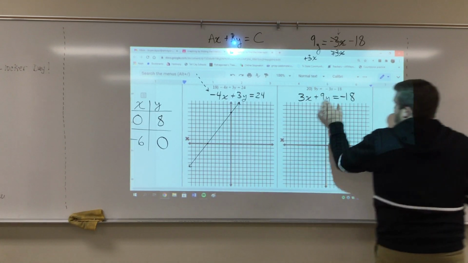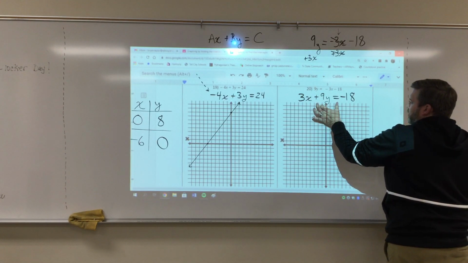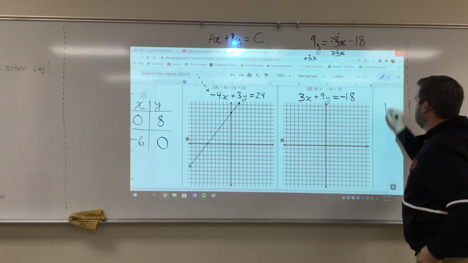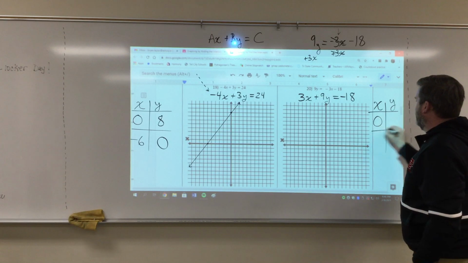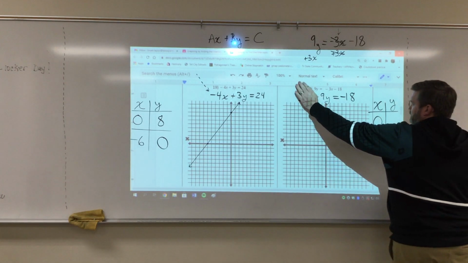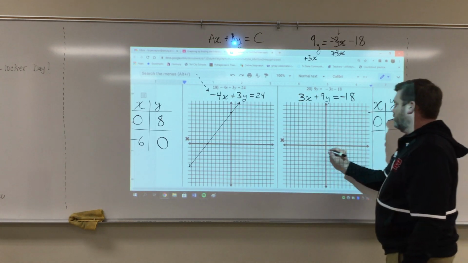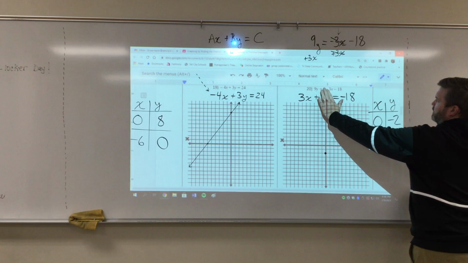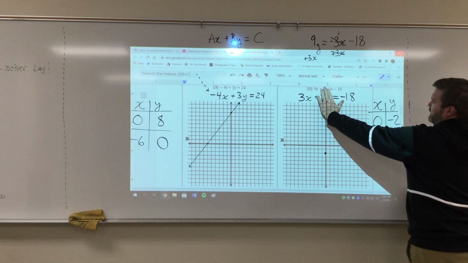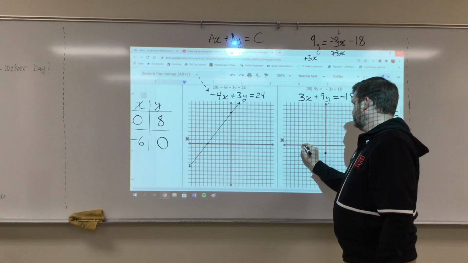So now that's that same equation that we started with, but in standard form, and now I'll be able to graph it very easily by finding the intercepts. So when I let x be 0, divide by 9, and I get negative 2, so we have a y-intercept of negative 2. And when I let y be 0, divide by 3, and I get an x value of negative 6.